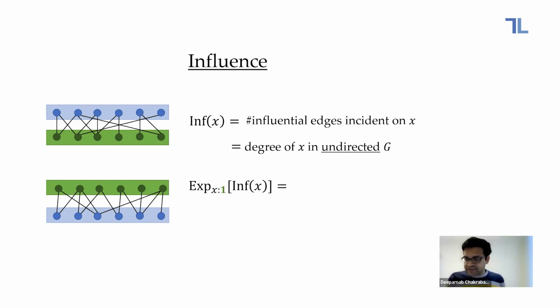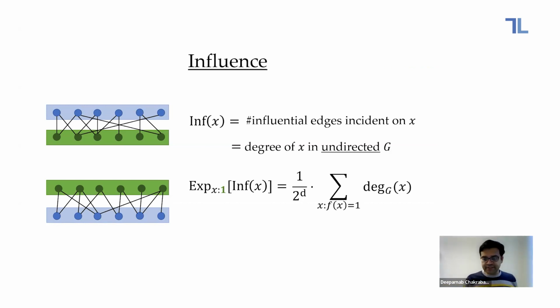It's a simple calculation: I look at all the x's, look at their degrees, and divide. Now let me point something out. It's a technicality, but I will come to it maybe at the very end.